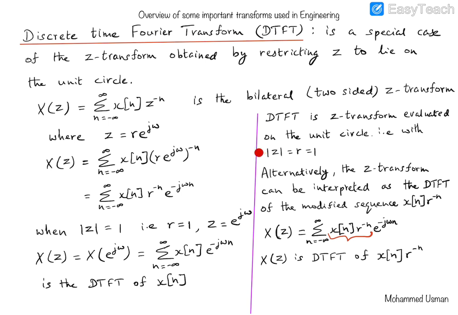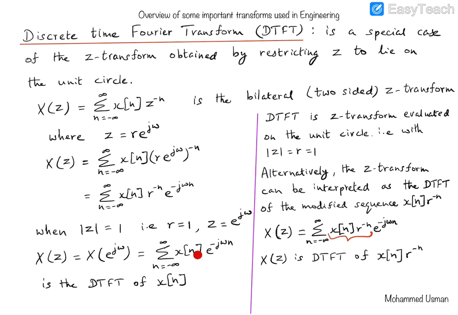That is, when the magnitude of Z, the complex variable Z, which is equal to R, is equal to 1. Alternatively, we can think about the Z transform as the DTFT of the modified sequence x of n R power minus n. If you look at the expression for the Z transform and compare it with the expression for the discrete time Fourier transform, we see that the Z transform is basically the DTFT of the modified sequence x of n R power minus n.